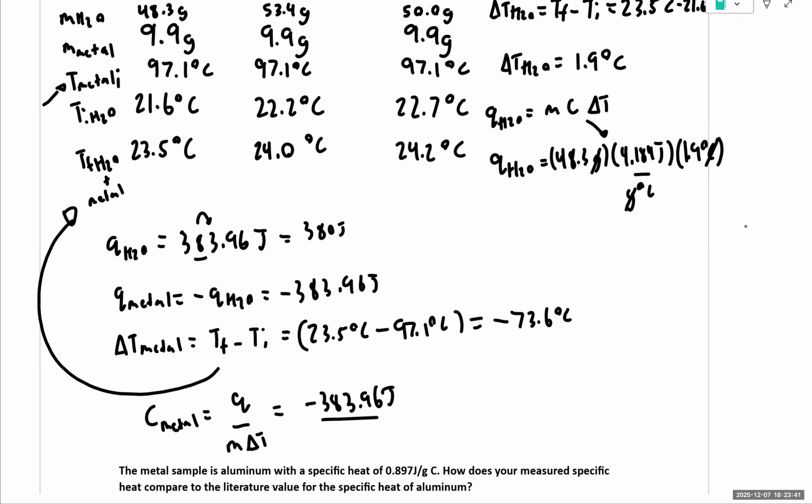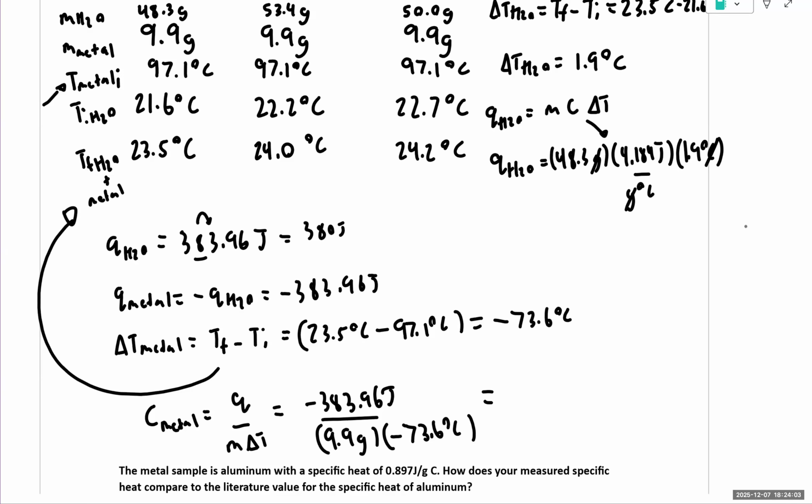The mass of metal is 9.9 grams, and the change in temperature of the metal was negative 73.6 degrees Celsius. So punching this into our calculator, we see the negative signs cancel. That's good. Specific heat is always a positive number.